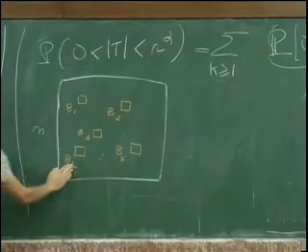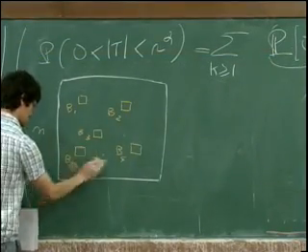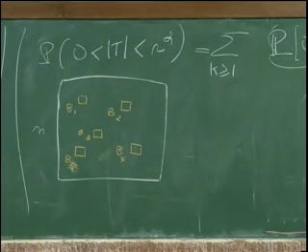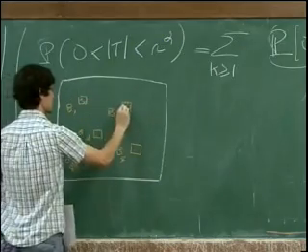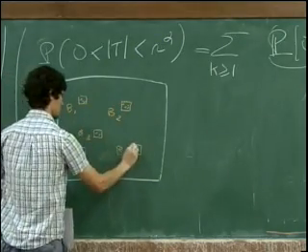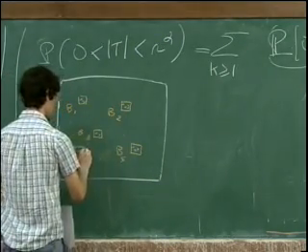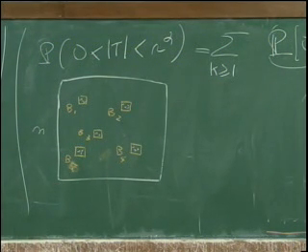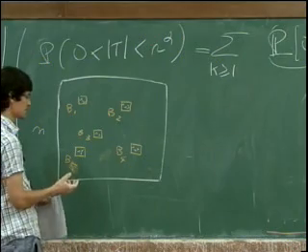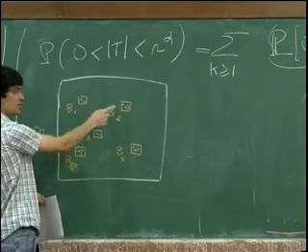Say k equals 5. So assume you know that the tree is non-empty in all of these boxes and is empty and it doesn't touch anything else. What is very nice about Galton-Watson trees is that the behavior in each of these boxes is completely independent.